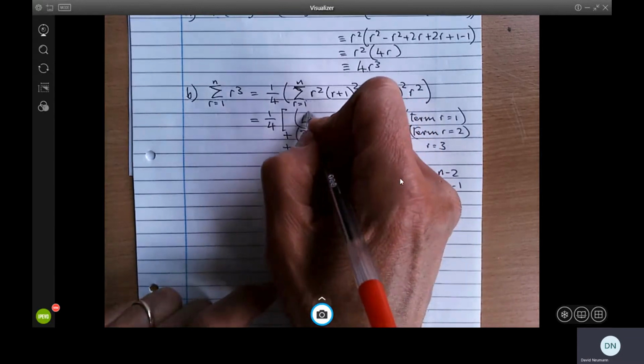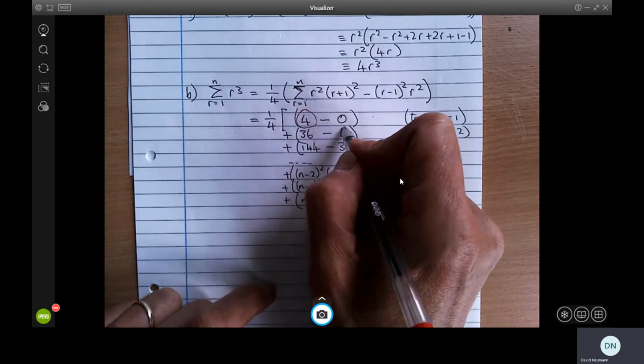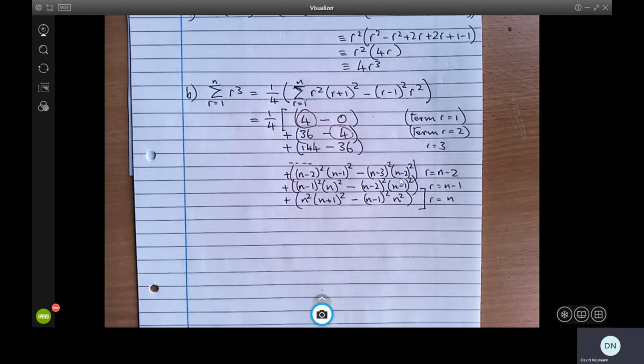So we can see that this one here and this one here are going to cancel, and we're also going to see that, let me find a green pen. I can't find that pen for now, so never mind.